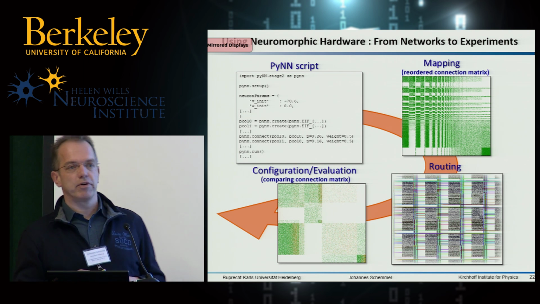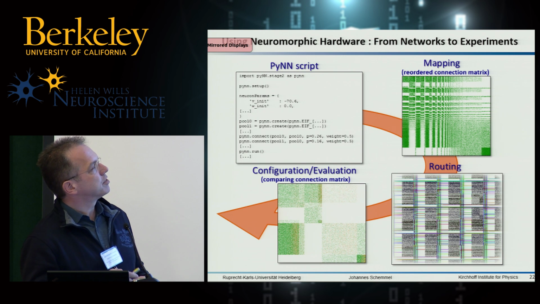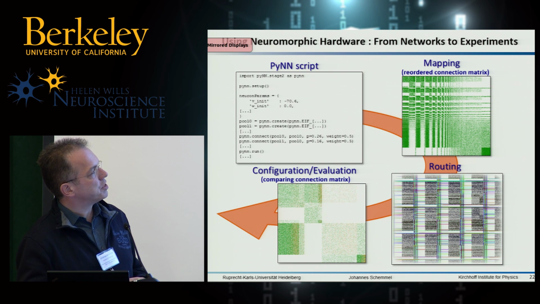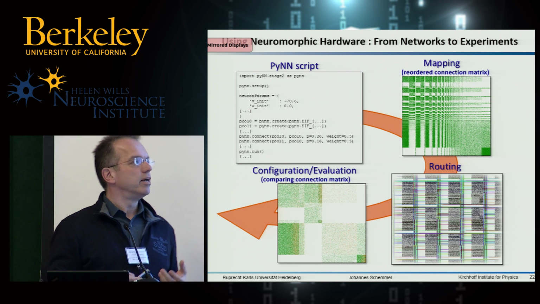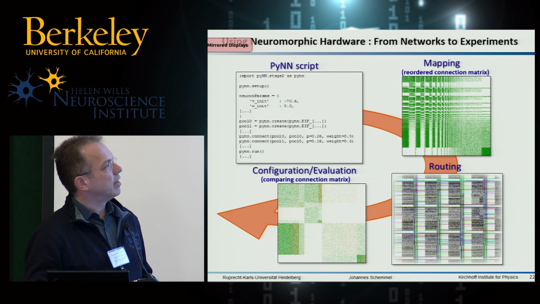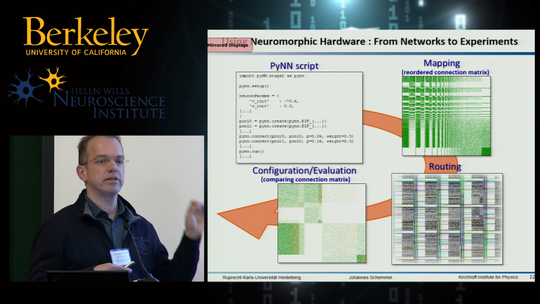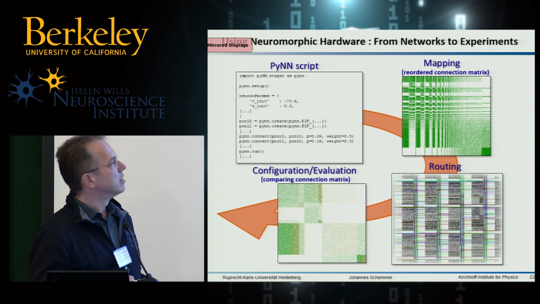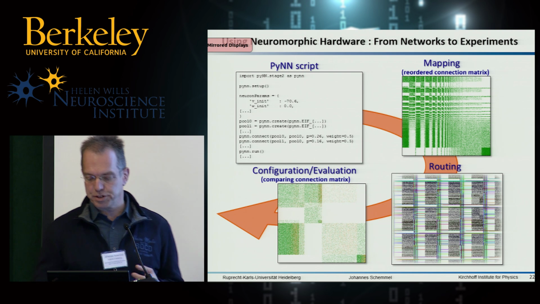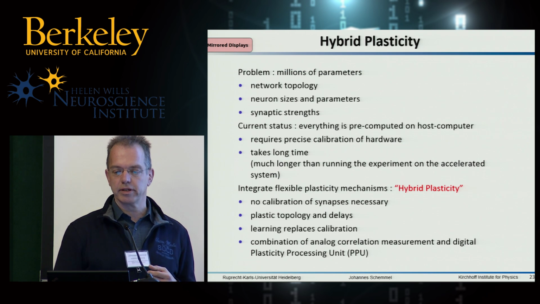So you describe your network, and then the software generates a lot of configuration information to configure all the routing and topology switches in the chip. And also, if you do not use plasticity, it has to calculate a weight for each synapse. So it's a tremendous amount of information you need.